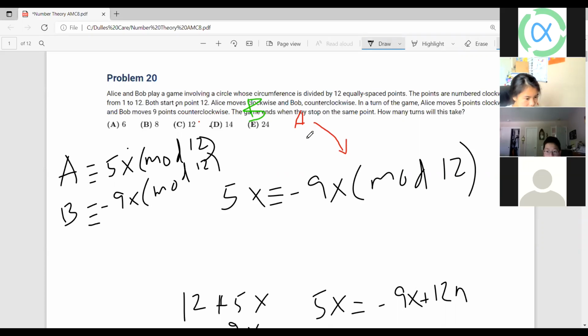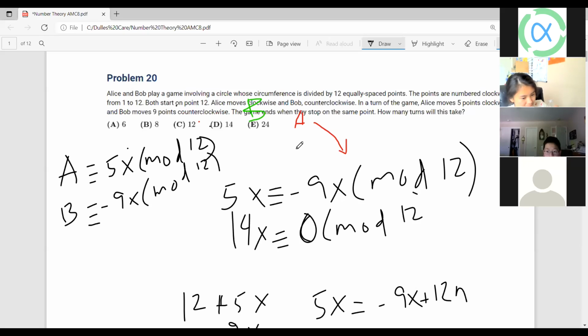So then that means that at some point 14x is equivalent to 0 mod 12. So that means that at some point 14 times some number x is divisible by 12. So you know that 14 itself is divisible by 2 and 3, so that means that as long as x is some multiple of 6, then we're good.